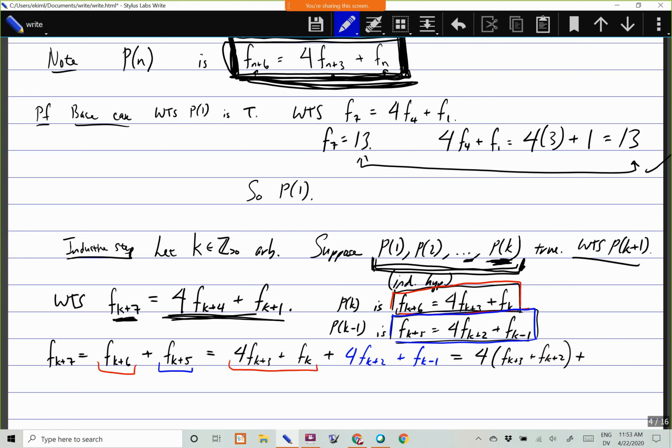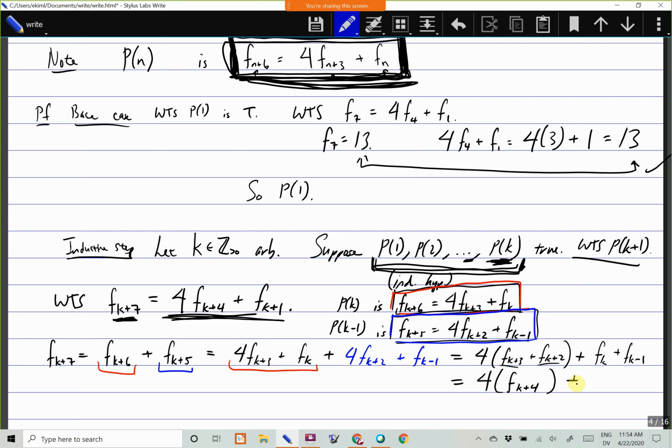And then the two terms amongst our 4 terms that don't have a 4, let's just write them: f sub k plus f sub k minus 1. Now check this out. What's in parentheses? What is f sub k plus 2 added to f sub k plus 3? Following what's going on in the Fibonacci sequence, these are two consecutive numbers in the sequence, so it should be the next number in the sequence, f sub k plus 4.